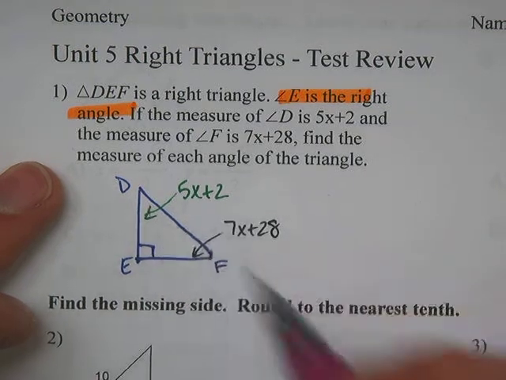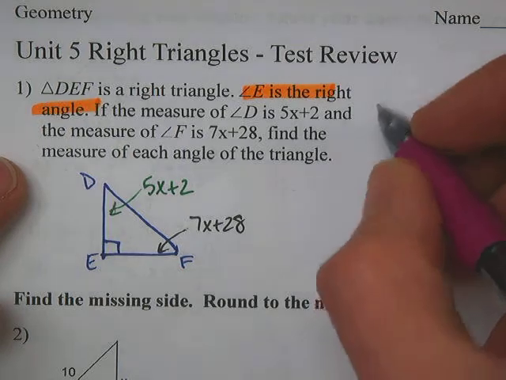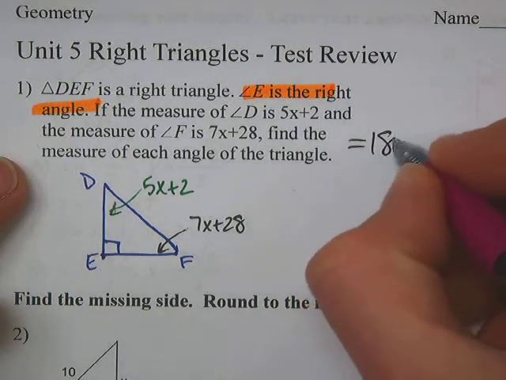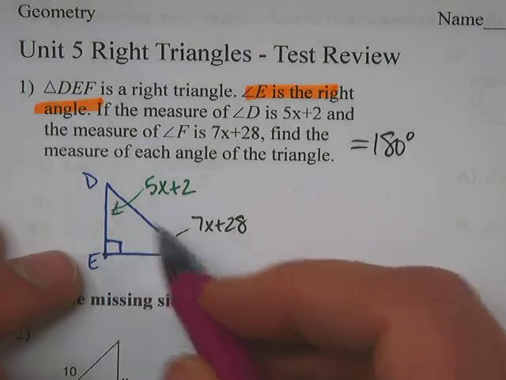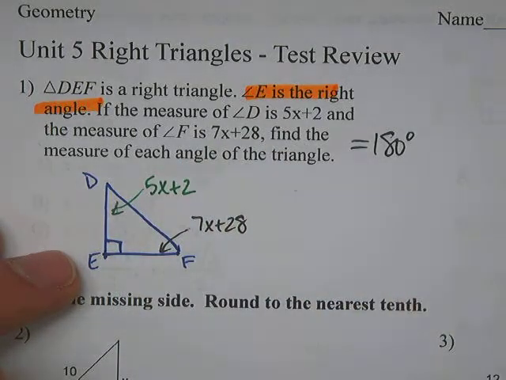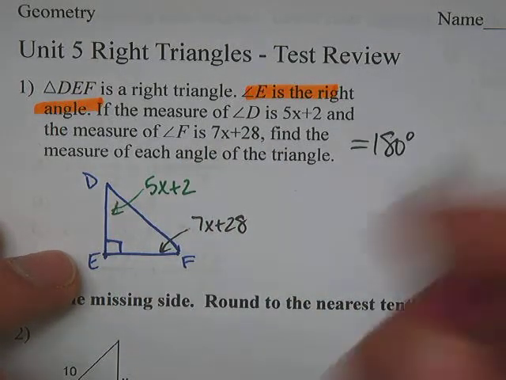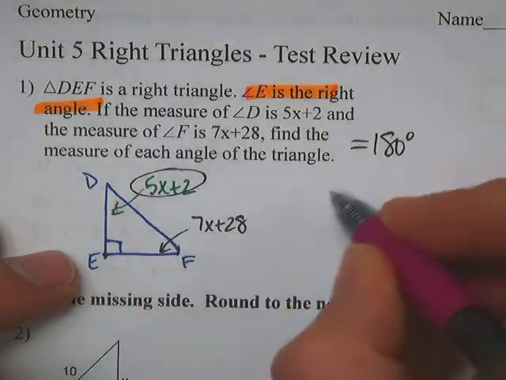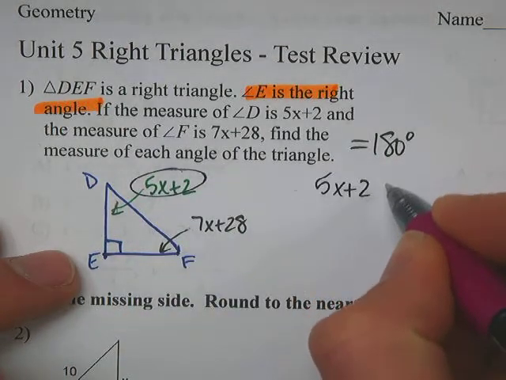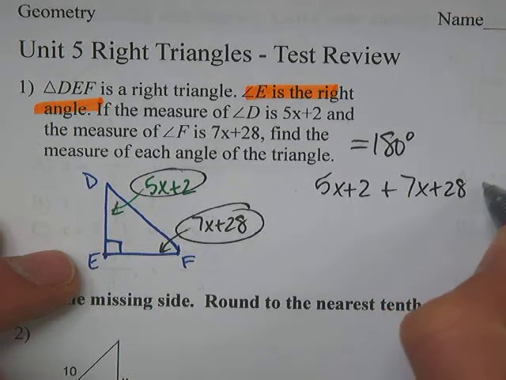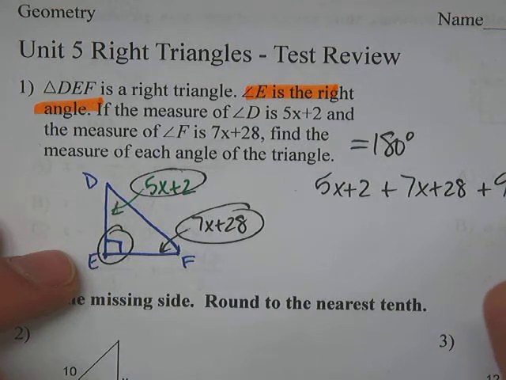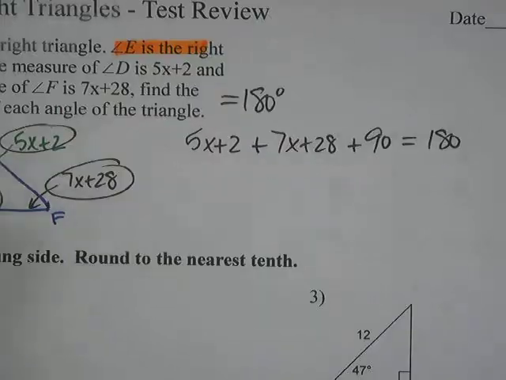Alright, well, what do all the angles in a triangle add up to equal? 180 degrees. So I'm just going to add all three of these angles and set it equal to 180. So 5x plus 2 plus 7x plus 28 plus, do not forget the 90, equals 180.